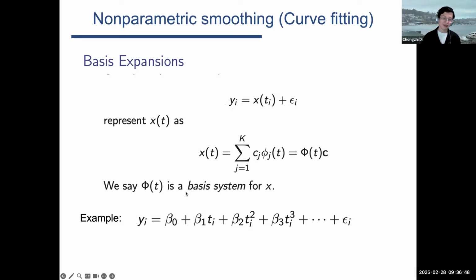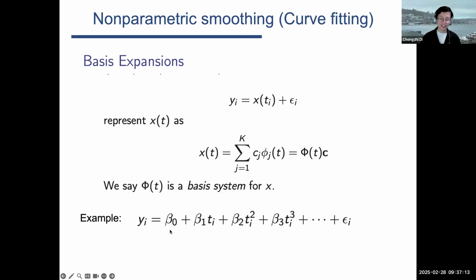One example of a basis is polynomials, right? Let's say I want to fit a linear regression. I put an intercept and a time t on it, and it will be a linear shape. But that's not flexible enough, so let's add a square term. And if we want to be more flexible, we can keep adding a cubic term.